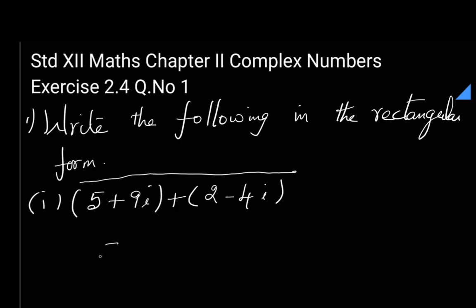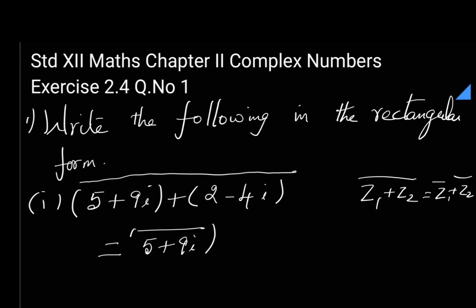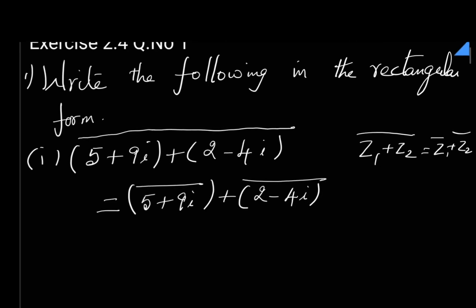So this is equal to, according to the rule of complex numbers, (z1 plus z2) the whole bar can be rewritten as z1 bar plus z2 bar. So I write here (5 plus 9i) whole bar plus (2 minus 4i) the whole bar.